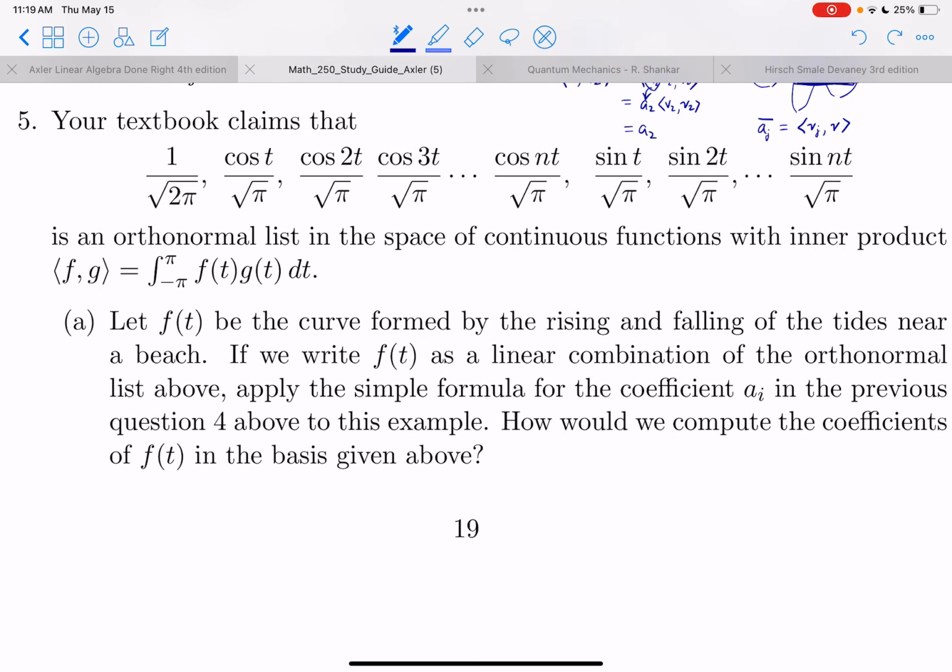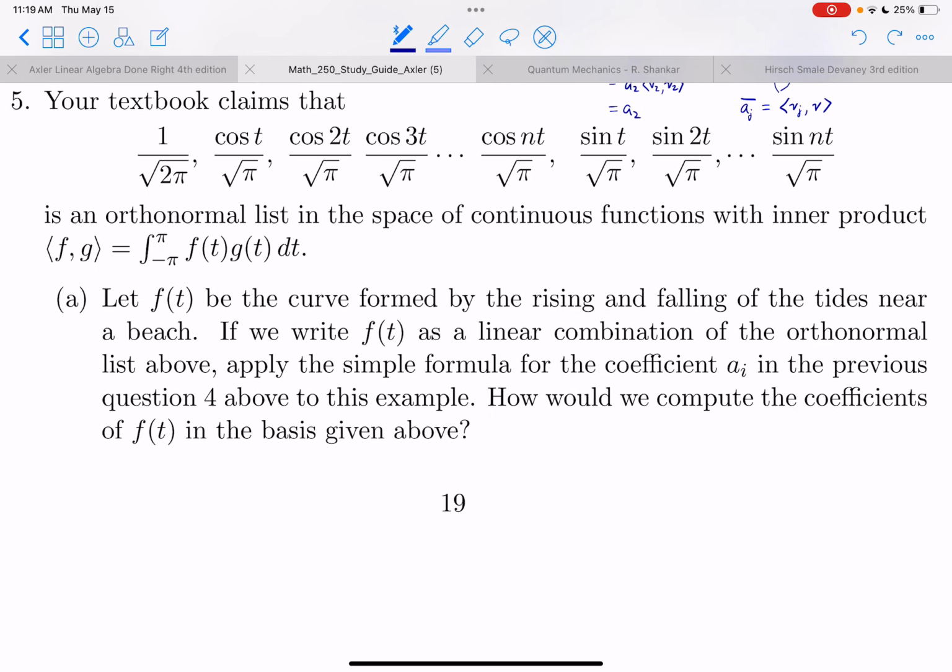Okay. All right, this one is exercise 4, and I want you to actually do this one yourself. But just to talk about it briefly. So if we take a vector space of continuous functions with an inner product given by, instead of summing the squares, we just multiply these things together and integrate instead of summing.